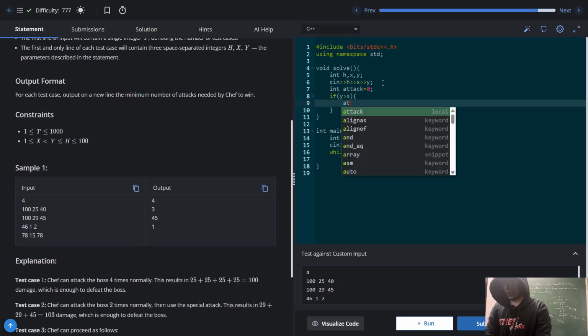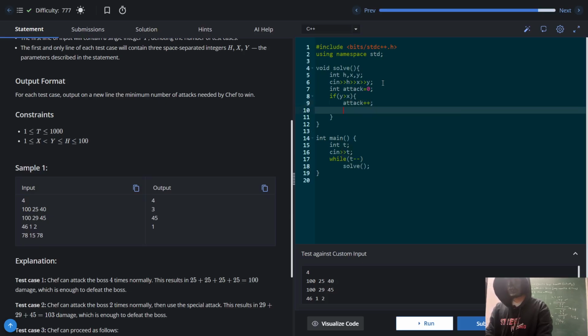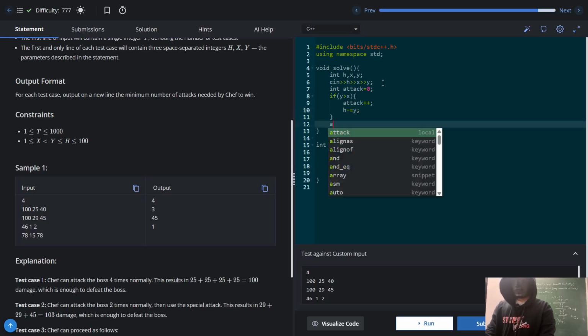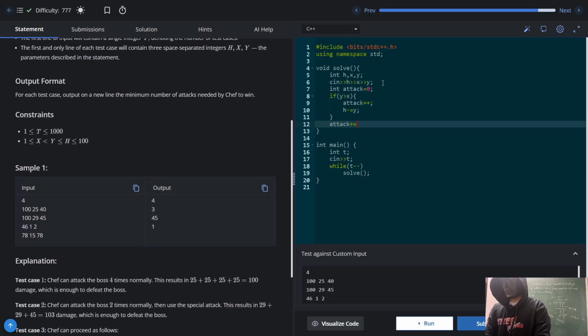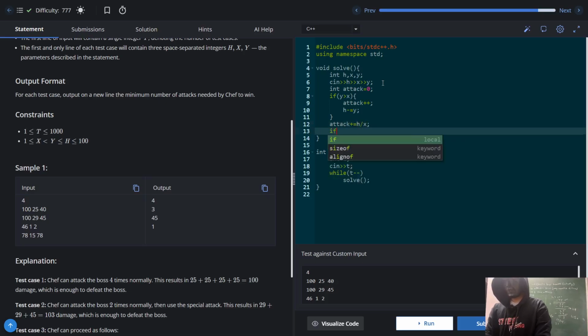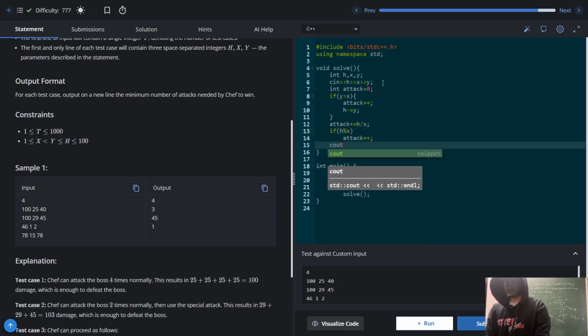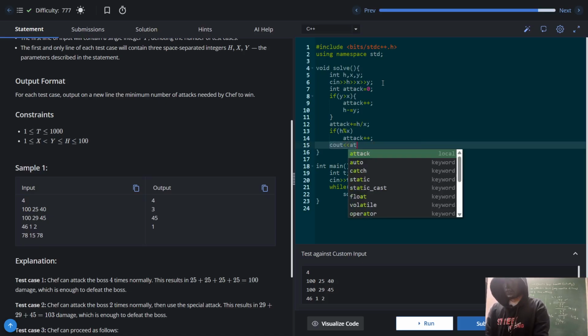If y is greater than x, your attack will be increased by 1 and health of the boss will be decreased by y. Now when you are coming out of the loop, your attack will be increased by h by x, and if there is any remainder from h modulo x, in that case your attack will be increased by 1. At the end, we will have to display this attack.